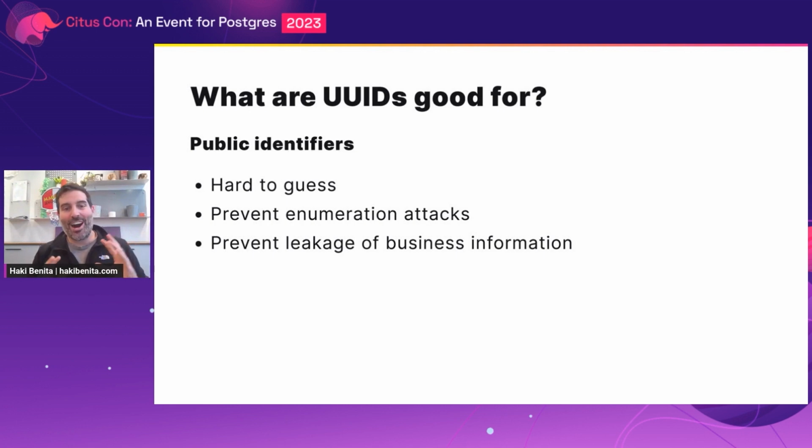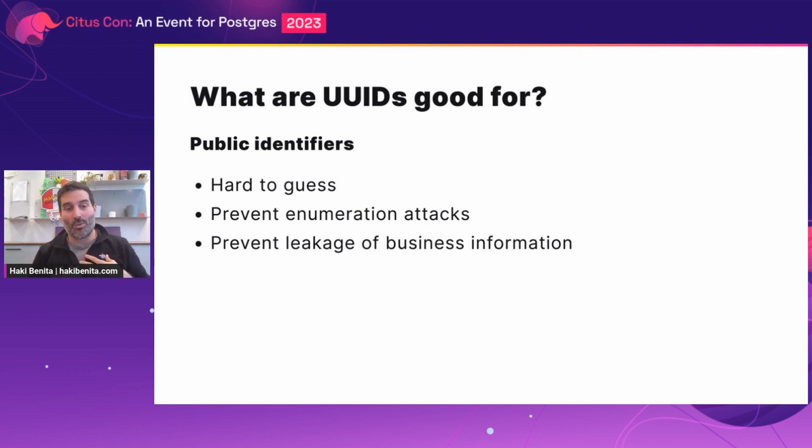Another type of information that sequential IDs reveal that public identifiers such as UUIDs don't is business information. And I'm going to give you an example. Say that I want to know how many orders my competitor is processing every day. I can, for example, wake up in the morning, place an order.